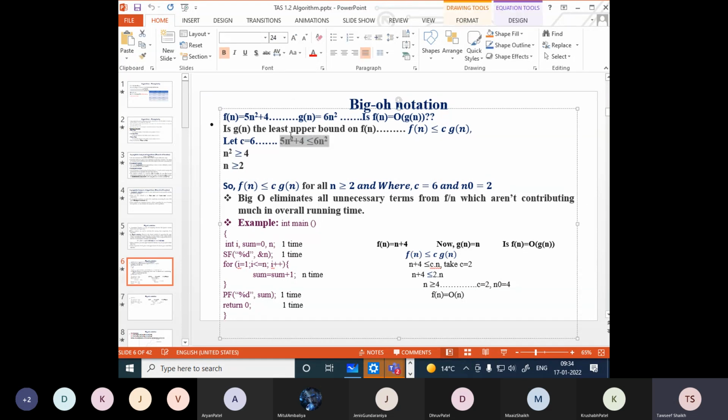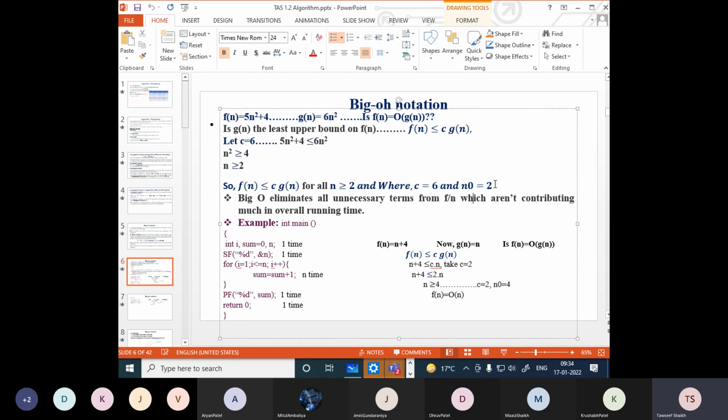This is true only when the value of n is greater than or equal to 2, first condition, and the value of c is equal to 6. It will be always true. Okay, so we can say yes, f(n) is O of g(n) for all n greater than or equal to 2, and c is equal to 6 and n0 is equal to 2.